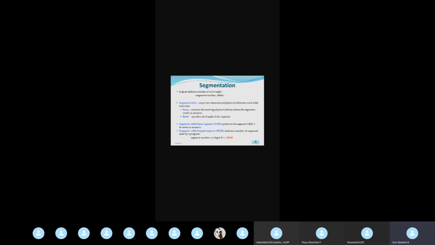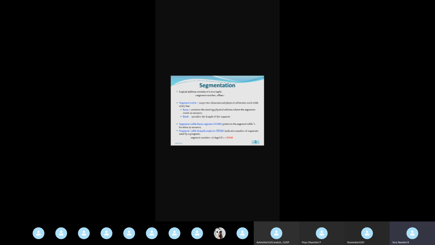That is, the segment table will also be residing in some part of the memory. We need to find where the segment table is. So the location of the segment table will be stored in the segment table base register.